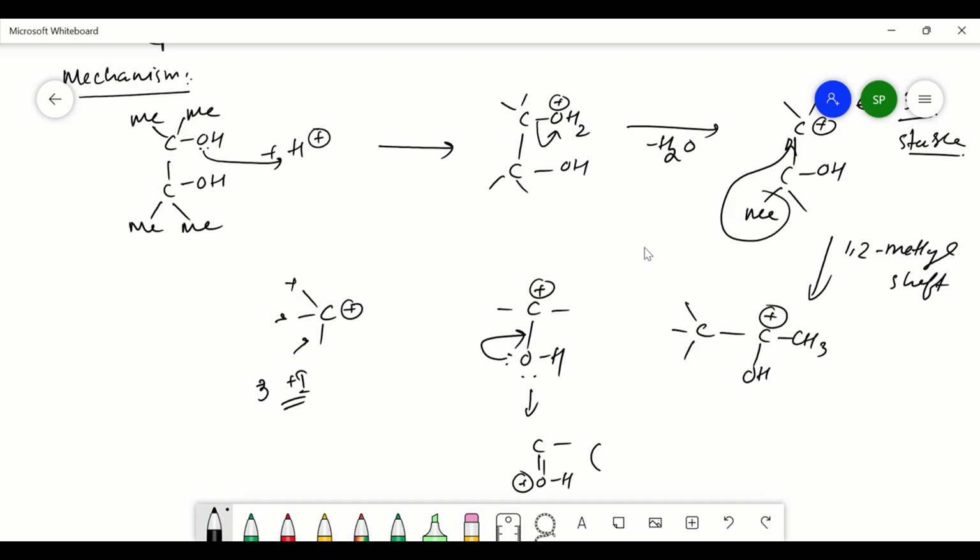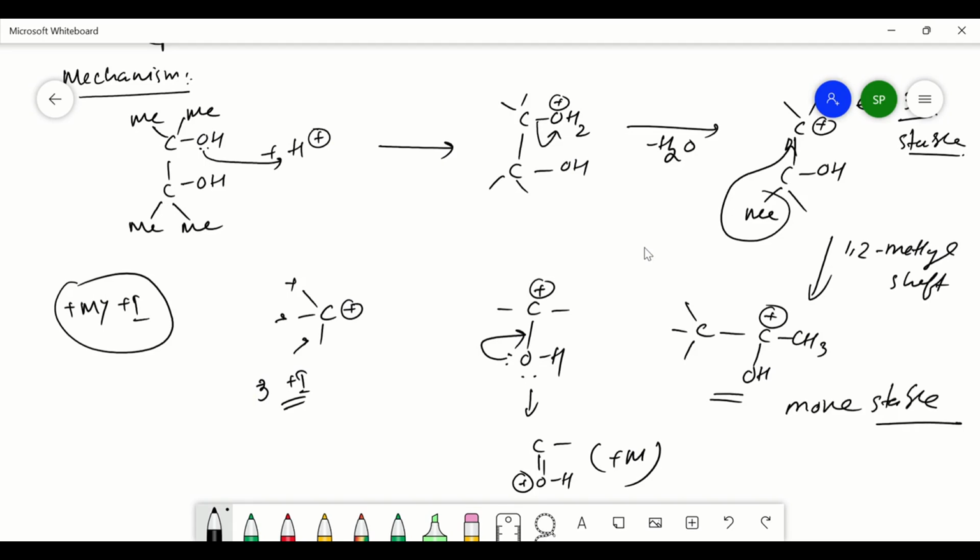So this is the resonance effect, or mesomeric effect. This is the plus M effect. When there is a comparison between inductive effect and mesomeric effect, more priority is given to the mesomeric effect. So the plus M effect has higher priority over the plus I effect. So this rearranged product is more stable due to the plus M effect, which is resonance stabilized.